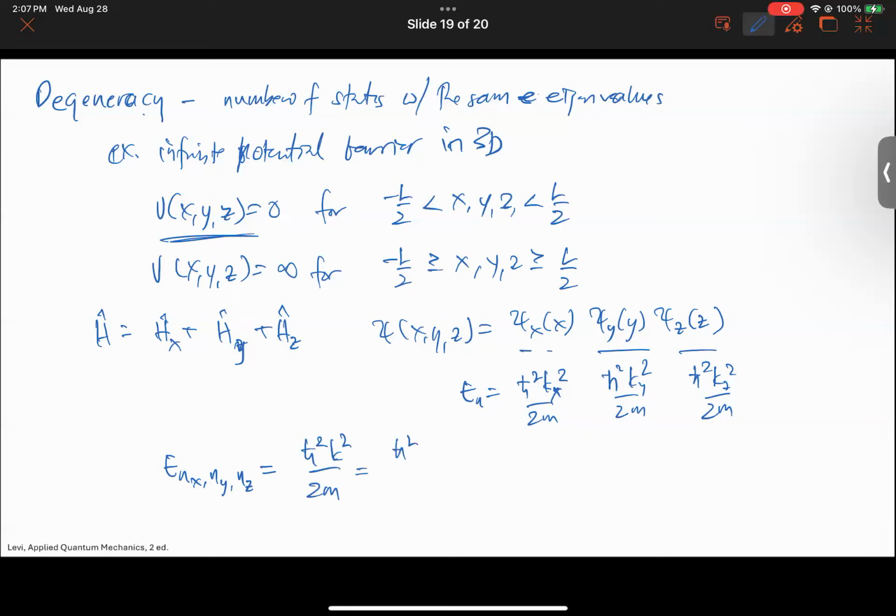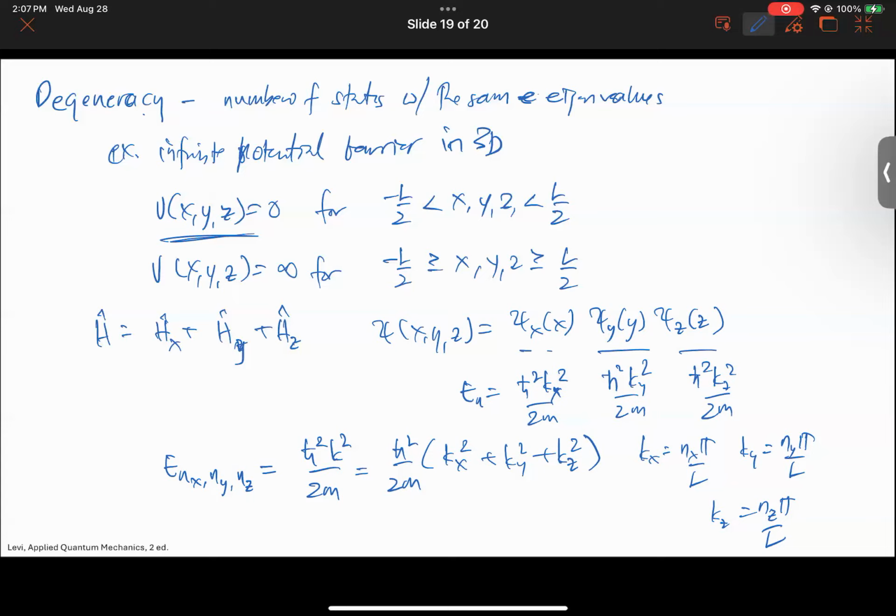So h bar squared over 2m times kx squared plus ky squared plus kz squared, where kx equals nx pi over L, ky equals ny pi over L, and kz equals nz pi over L. The nx, ny, and nz are non-zero positive integers.